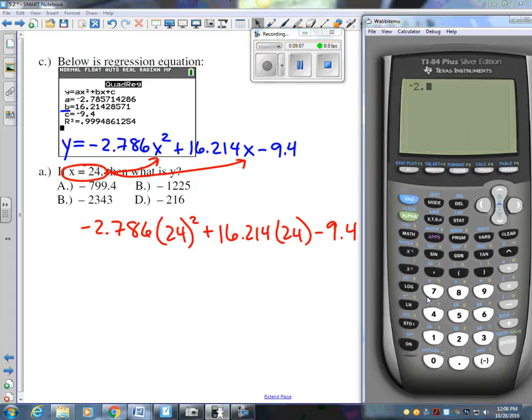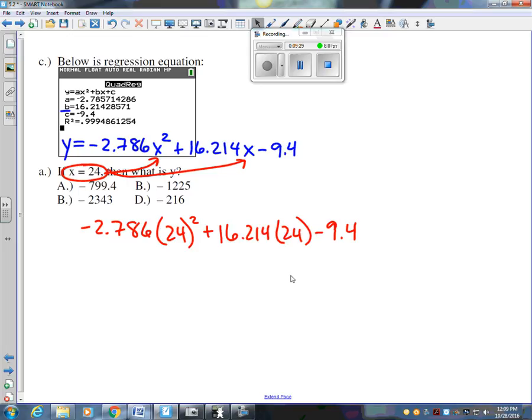Negative 2.786 parentheses 24 squared plus 16.214 parentheses 24 minus 9.4. And you get negative 1225, which is answer choice B.